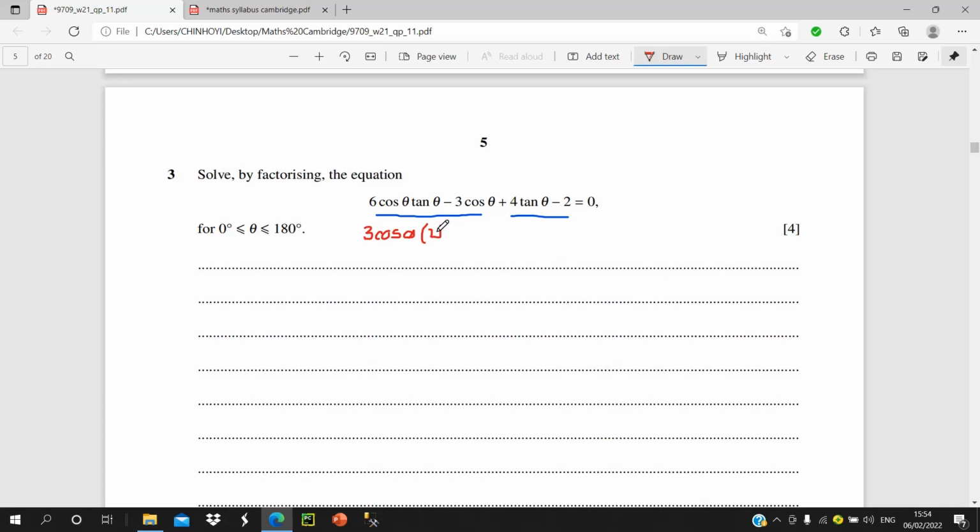We are going to remain with 2 tan theta minus 1.